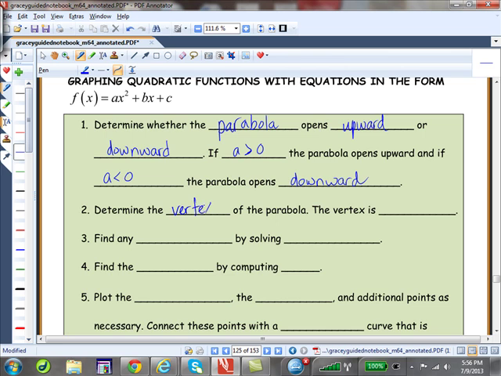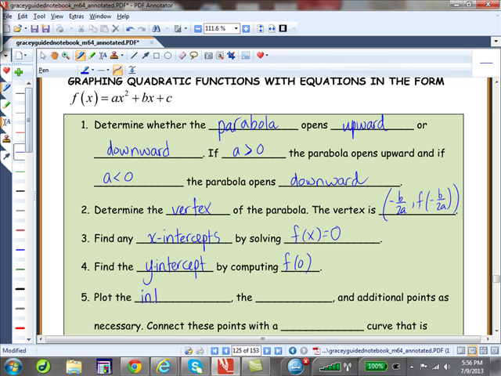Determine the vertex of the parabola. The vertex is the ordered pair: negative b over 2a, and the function evaluated at negative b over 2a. Find any x-intercepts by solving f of x equals 0, and then find the y-intercept, you only get one of them with this type of graph, by computing f evaluated at 0.